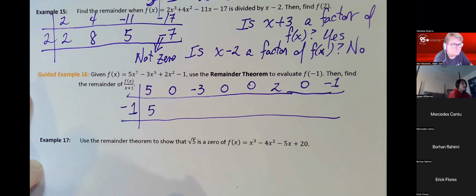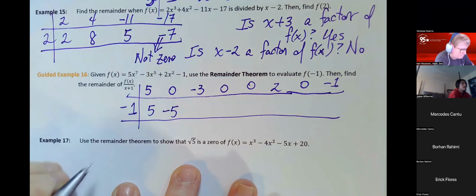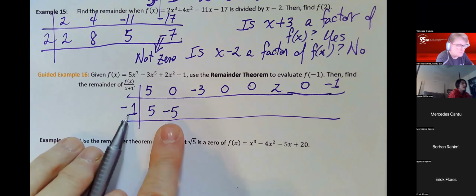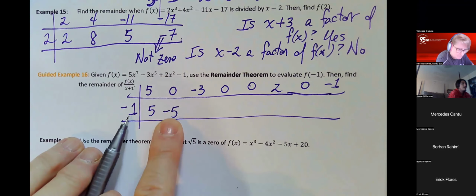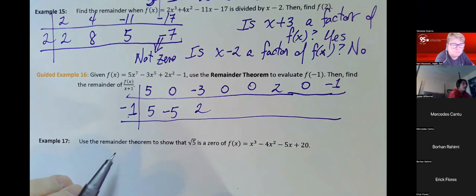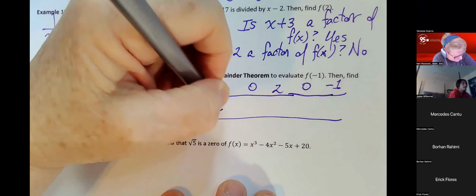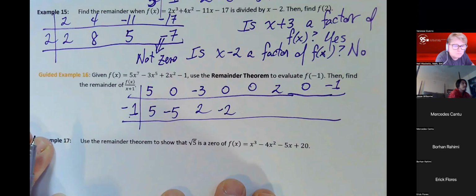Multiply -1 times 5 and add 0 to it. So it'd be -5. All right. -1 times -5 would be 5. Subtract 3 would be 2. Good. That would be -2 plus 0, which would be -2. That would be +2 plus 0 would be 2.